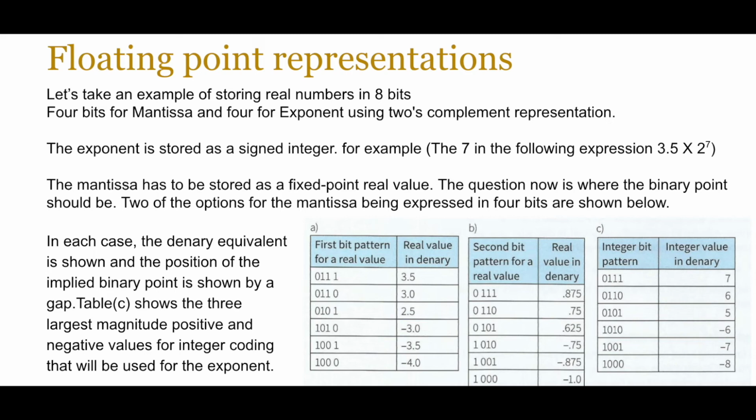So you don't have that great a range of fractional values. You might have a greater range of integer values, but a very limited range of fractional values. Now, if you move the binary point right next to the sign bit, you get a greater range of fractional values like 0.875, 0.75, but a very narrow range of integer values.